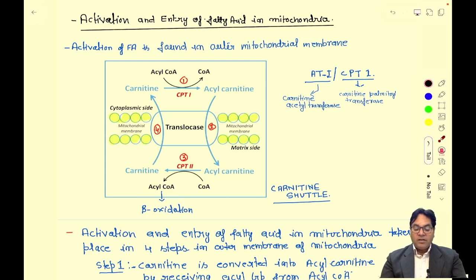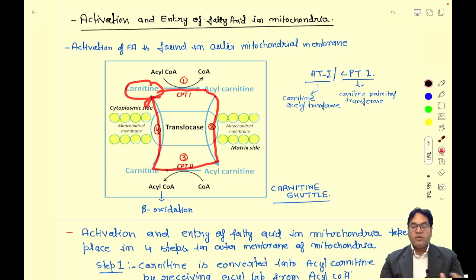And finally, the same enzyme translocase transfers the carnitine from the matrix to the outer chamber, that is outside the mitochondria, so that the carnitine is again available. So this cycle starts from carnitine, then acyl carnitine enters, it becomes carnitine inside the mitochondria, and then the carnitine is regained outside for the next activation process.